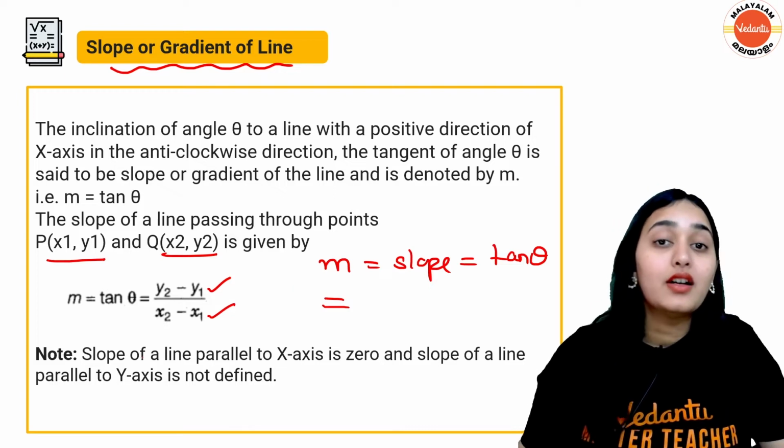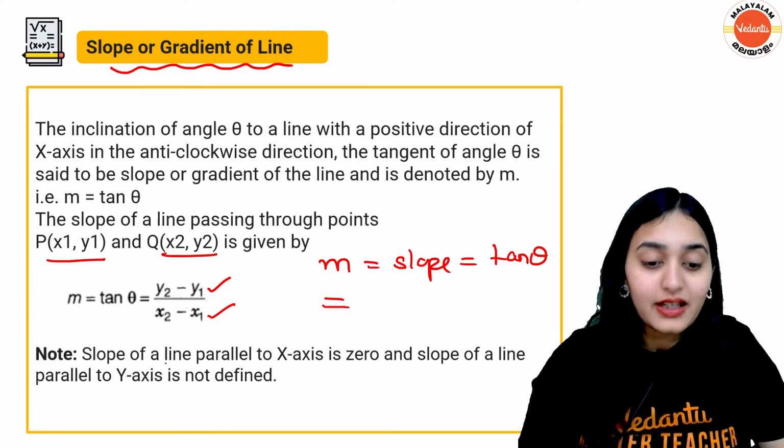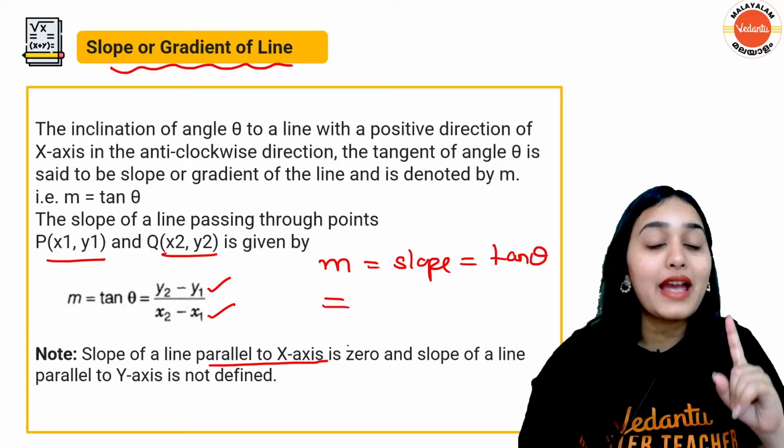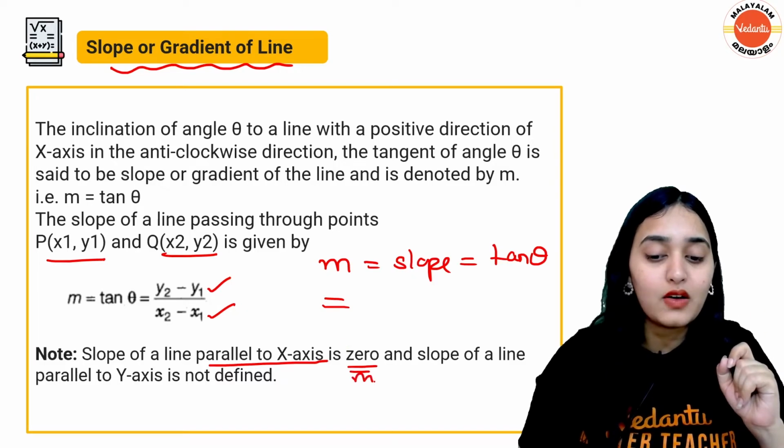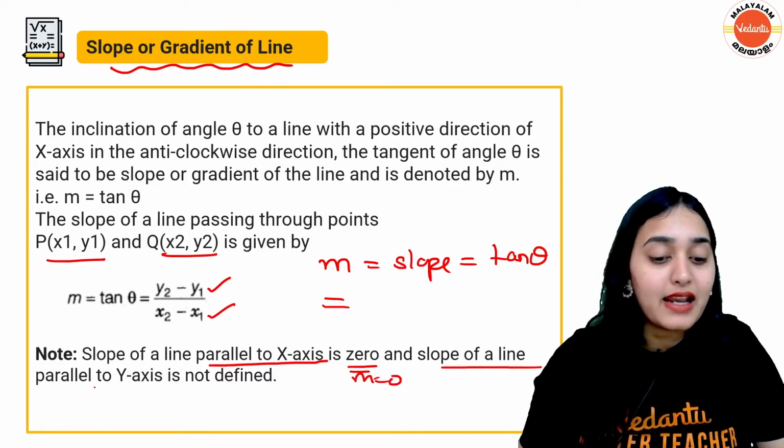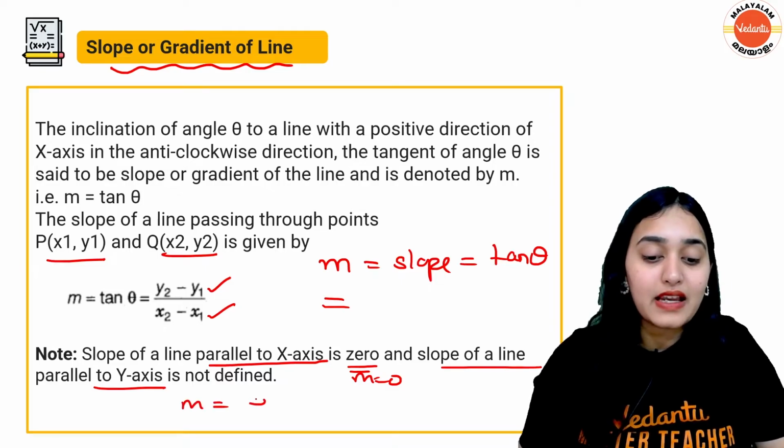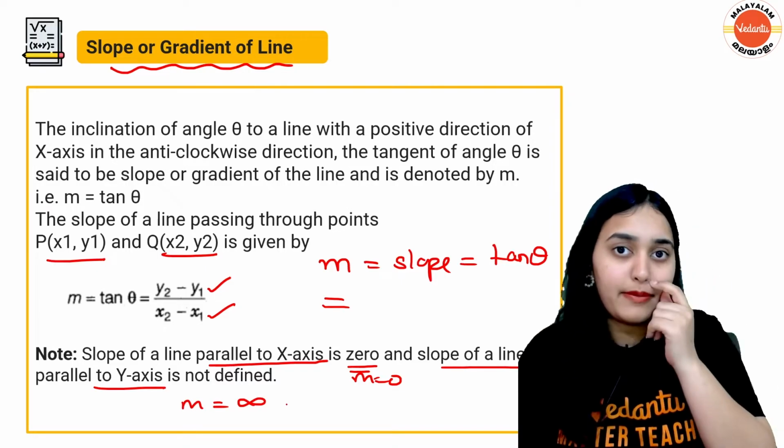Okay, now a fact to be noted here: if the line is parallel to the x-axis, slope is 0. If the line is parallel to the y-axis, slope is infinity, undefined. Remember, okay?